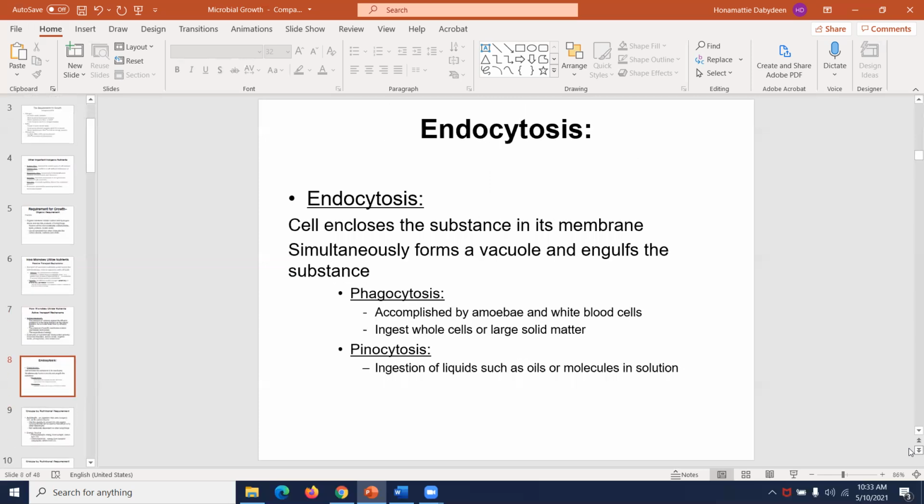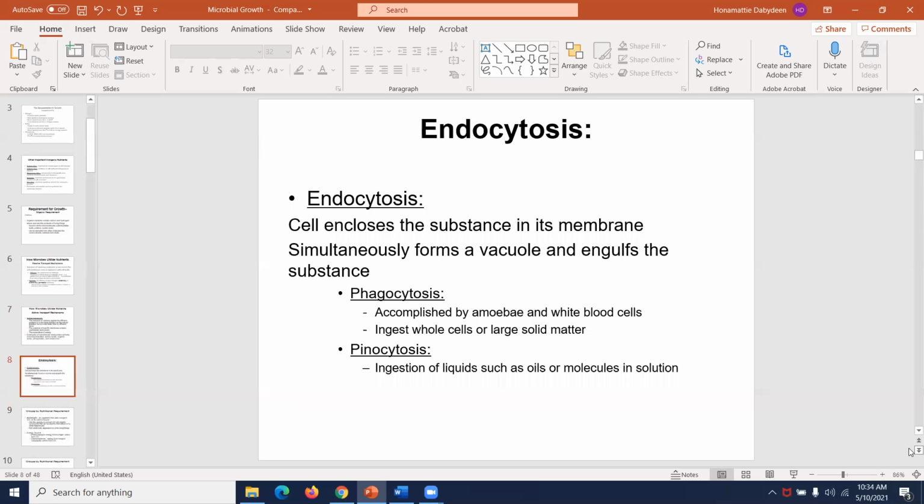Another way to bring things into the cell is what we call endocytosis. Here, the cell encloses the material and brings it into the cell, usually into a vacuole of some sort that it creates. It's what we call engulfing the organism or the material.